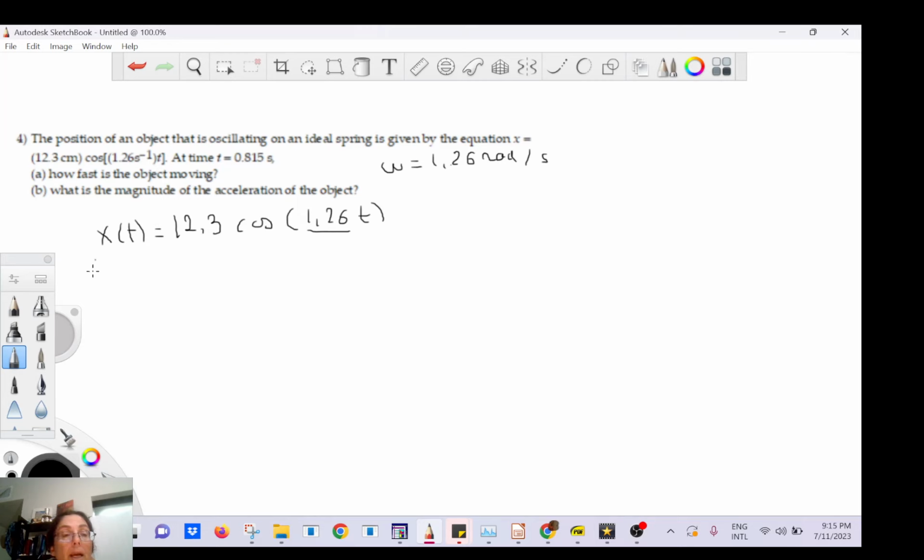Okay. And then at t equals 0.815 seconds, how fast? So v is going to be minus, amplitude is 12.3 times omega, so it's going to be 1.26. And here you have to be very careful.